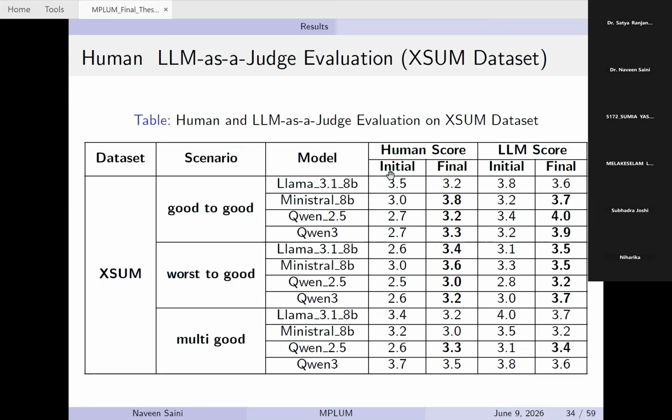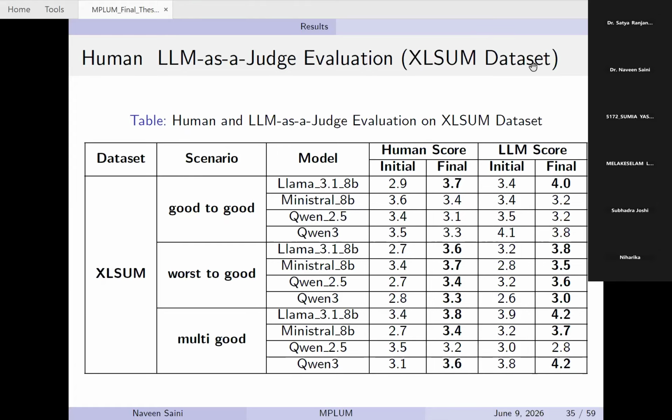Initially it was 3.5, 3.0, 2.7 before optimization, but the final score was 3.2, 3.8, 3.8. In almost all the cases the final score is increased. The judgment by the LLM as a judge was similar: the initial score was this, but the final score was this.